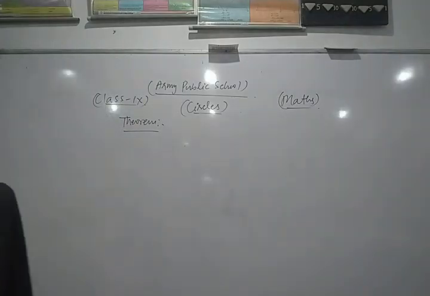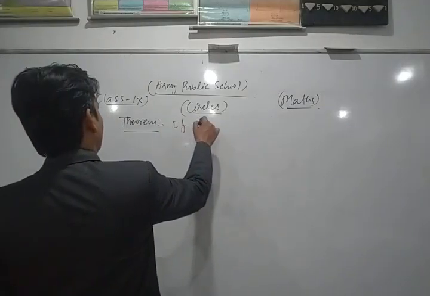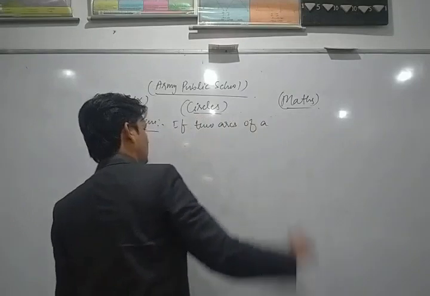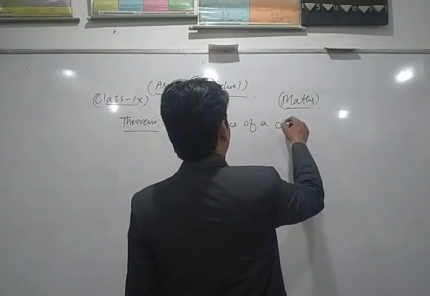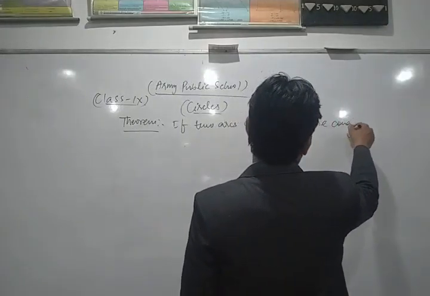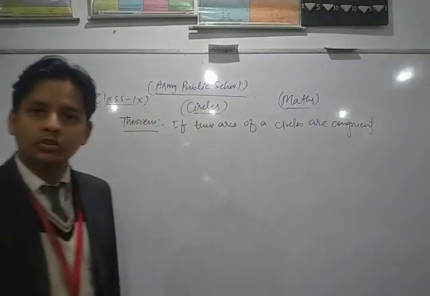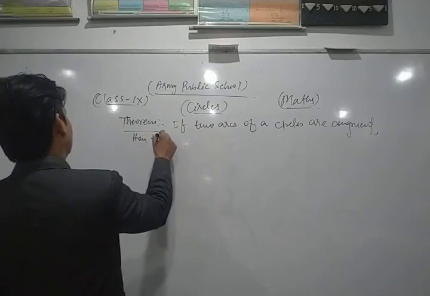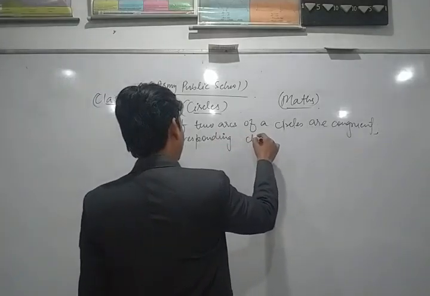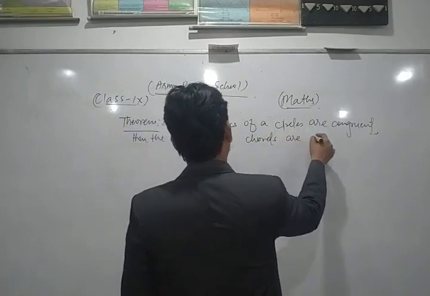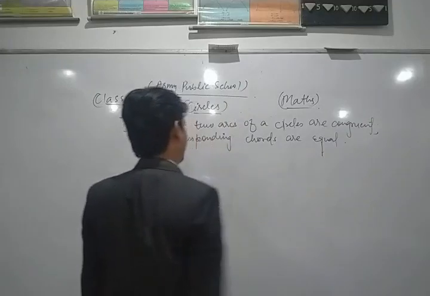And the theorem is: if two arcs of a circle are congruent, then the corresponding chords are equal.